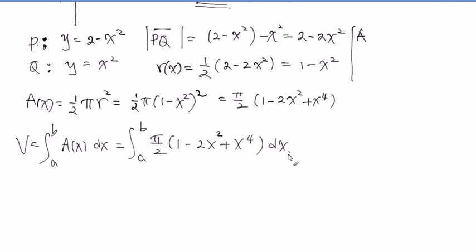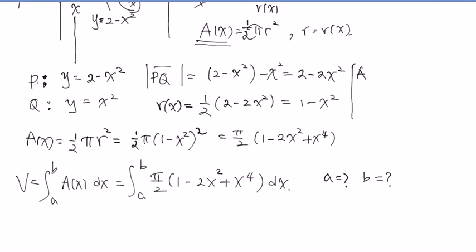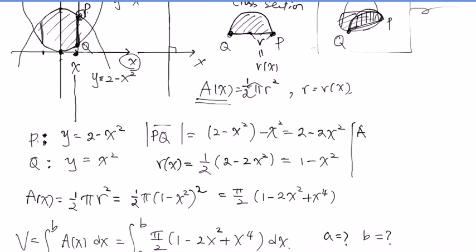So it's probably a good idea when you look at the base shape to first figure out the intersection points, because that's what a and b are supposed to be. So what is a and b? I'm showing you the picture again, as you can see the whole thing.